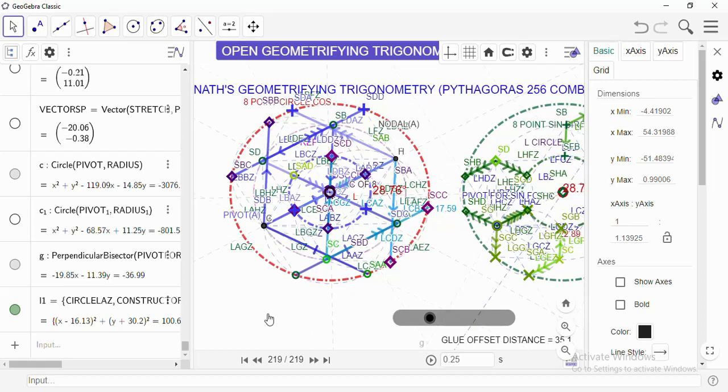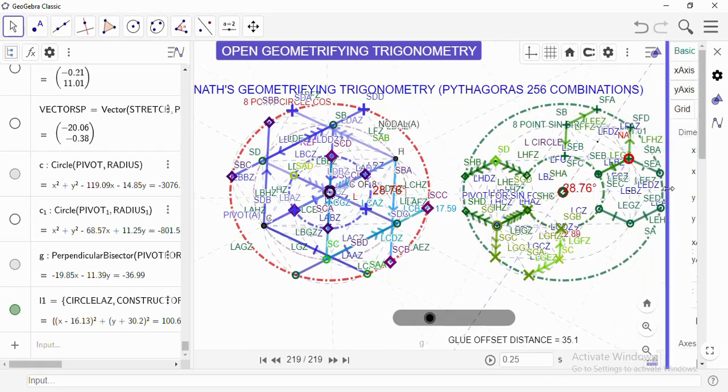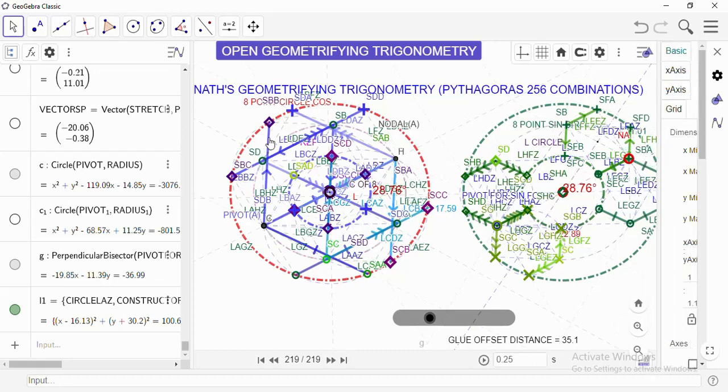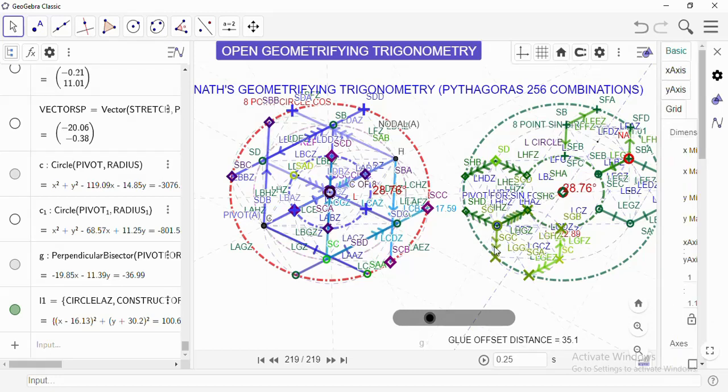I will play the construction protocols at the end of this video, and then you will understand the things there. Now start comparing these things. This line plus this line is equal to 1.